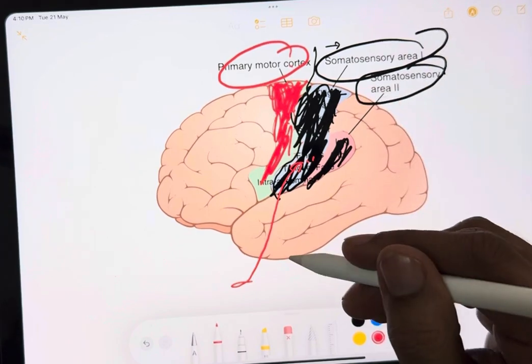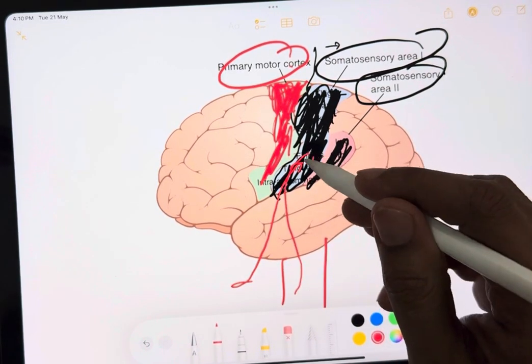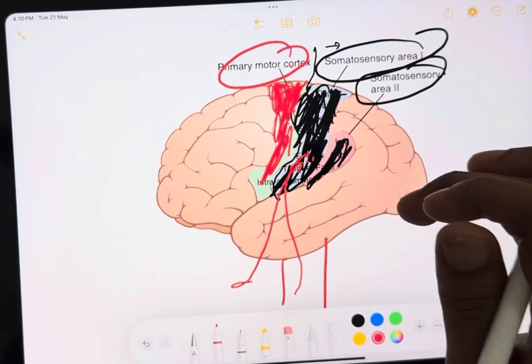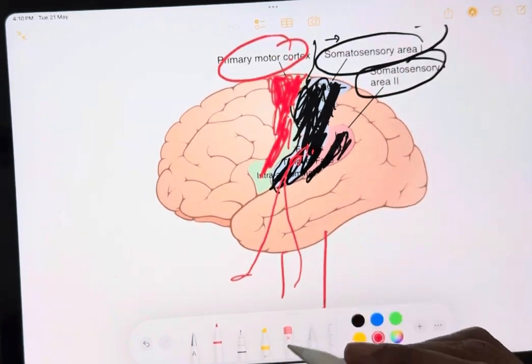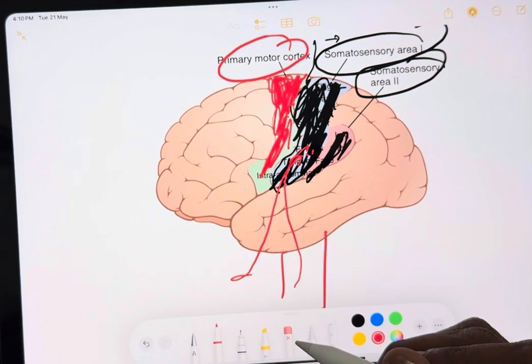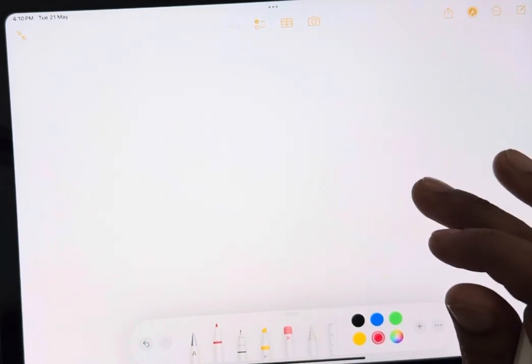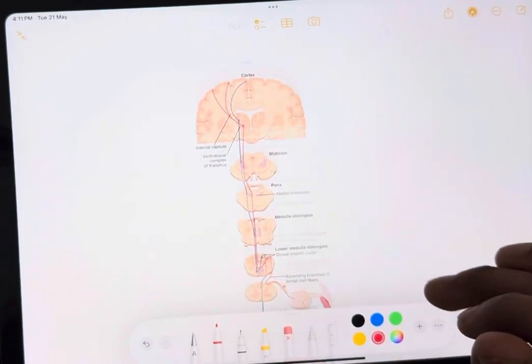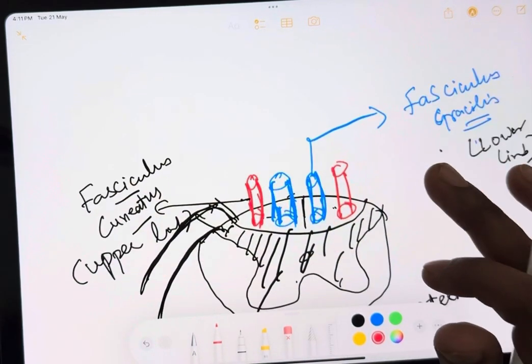Now, let us discuss how exactly the sensation goes from the spinal cord to this part of the brain. I will draw a line diagram to explain these concepts more clearly.